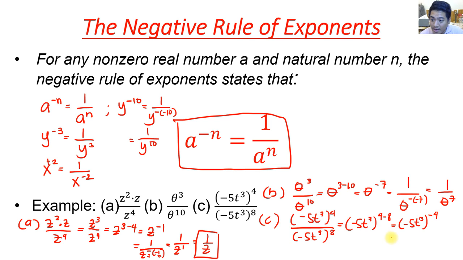To eliminate the negative 4, we have 1 all over negative 5t cubed raised to 4. Alright? So that will be the negative rule of exponent. That's very easy. If you wish to eliminate the negative exponent, you just have to get the reciprocal and negate the exponent, so that the negative of negative becomes positive.